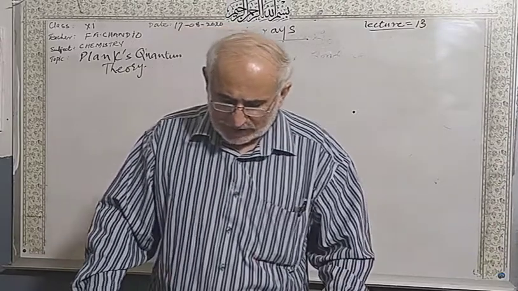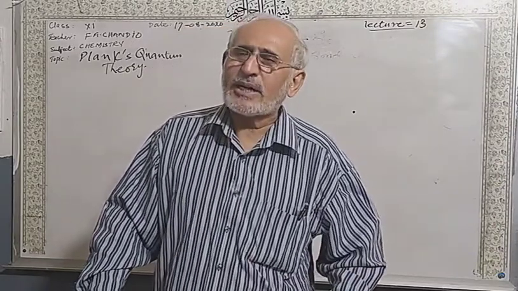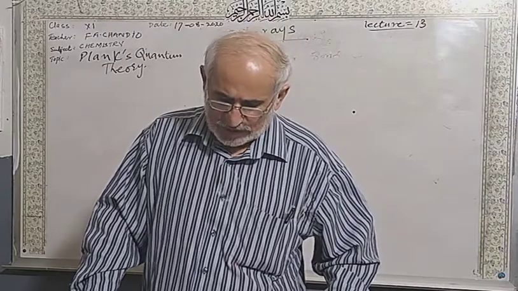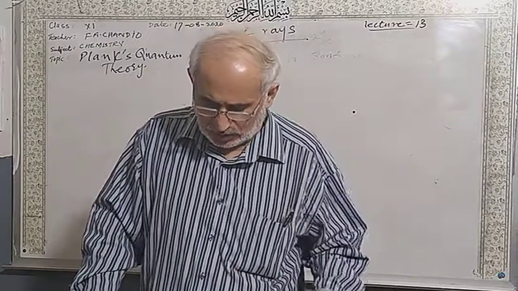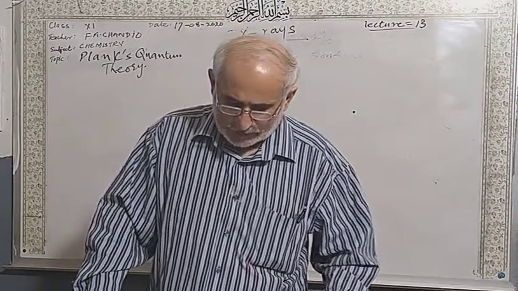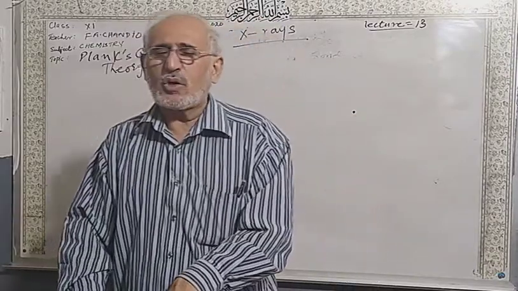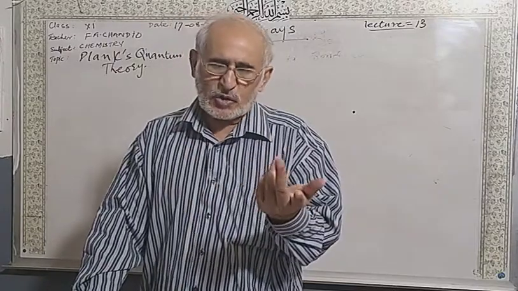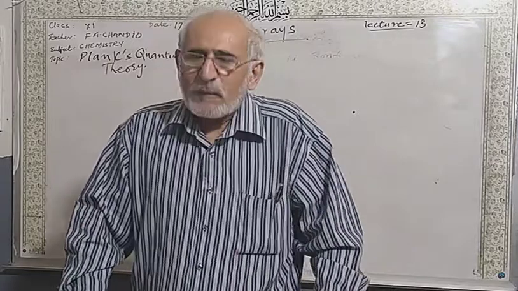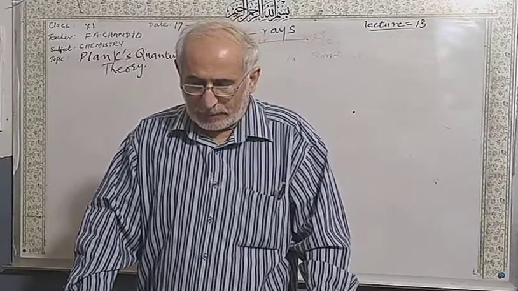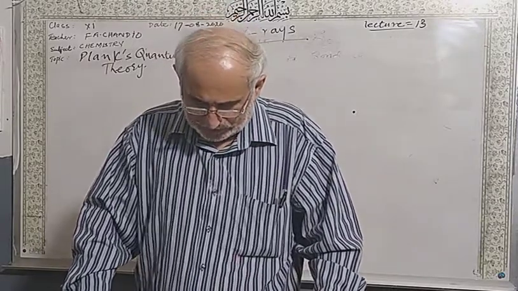X-rays are emitted from the target in all directions. A small portion of them is used for useful purposes. The wavelength of X-rays depends upon the nature of the target. I told you, wavelength is inversely proportional to the atomic number of the metal, and frequency is directly proportional to the atomic number of the element.